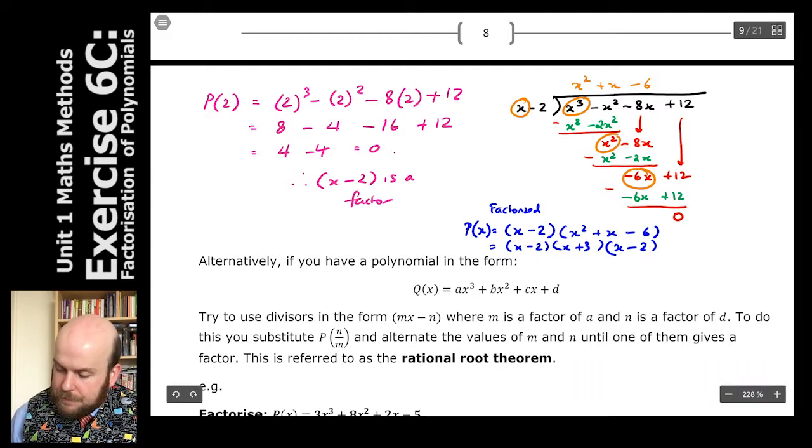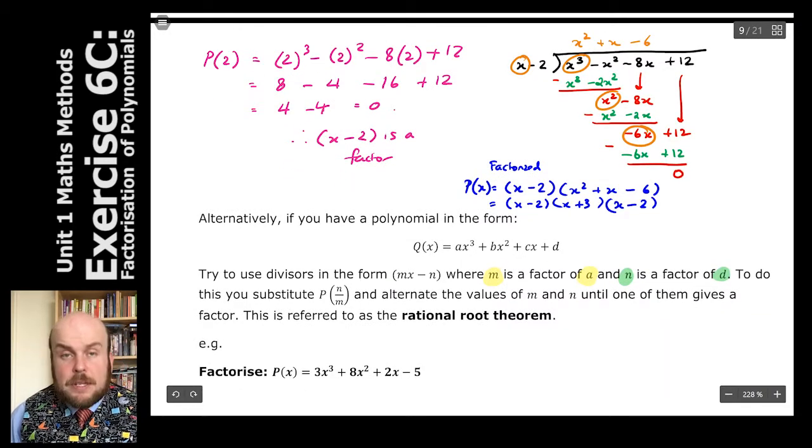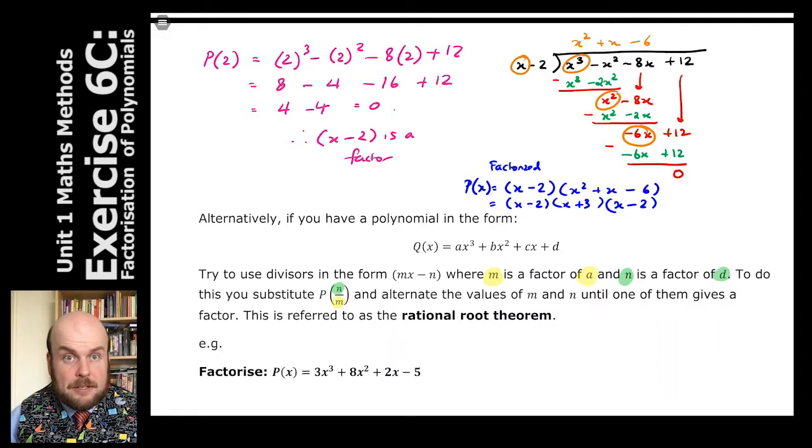So if you can imagine, and I'll get some highlighters out, if we consider M is a factor of A, so let's just say it's some factor of the first number, and N is a factor of D, then what we do is we try to substitute N over M into the equation to see if this will plop out a very lovely factor.